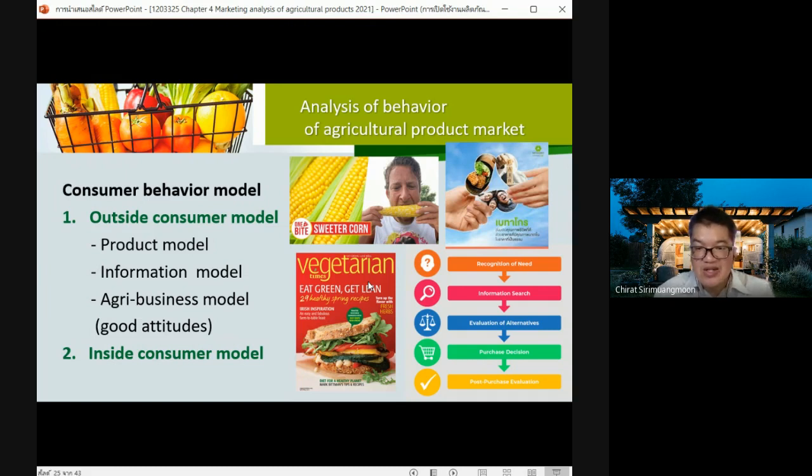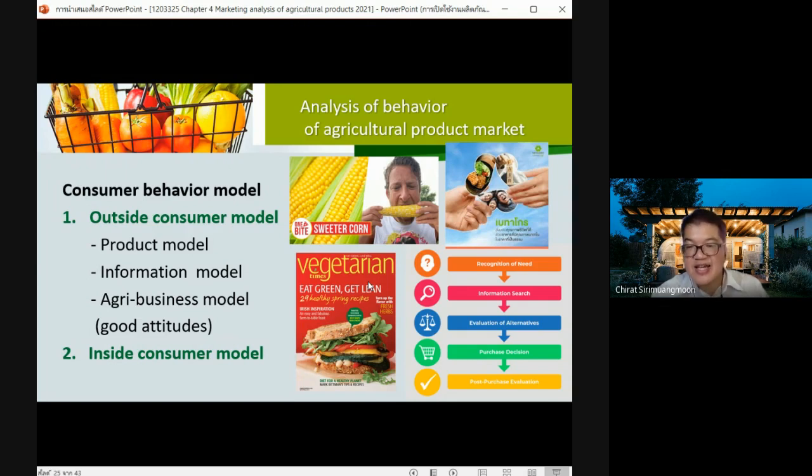The last one is the agribusiness model. This has been used a lot in Thailand right now by some big companies, because they want to create something more, not just for the products. They contribute something to society, and then they send the message about what they did good for society or how they contribute to it.